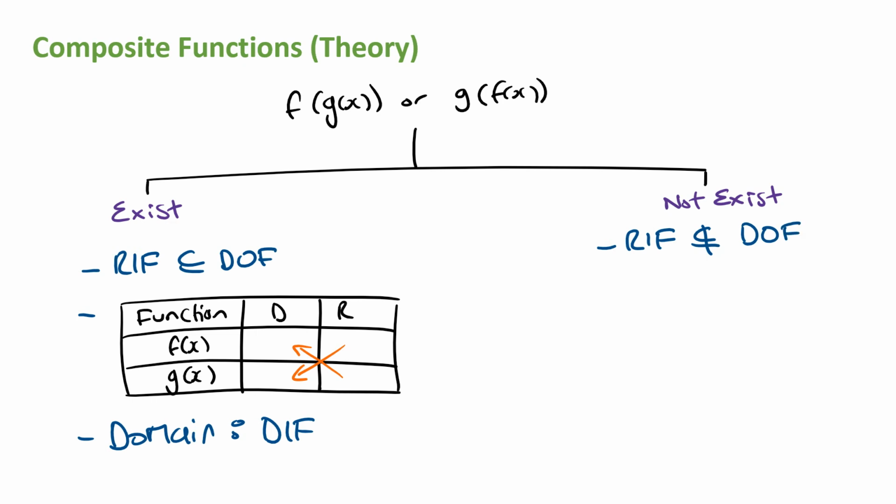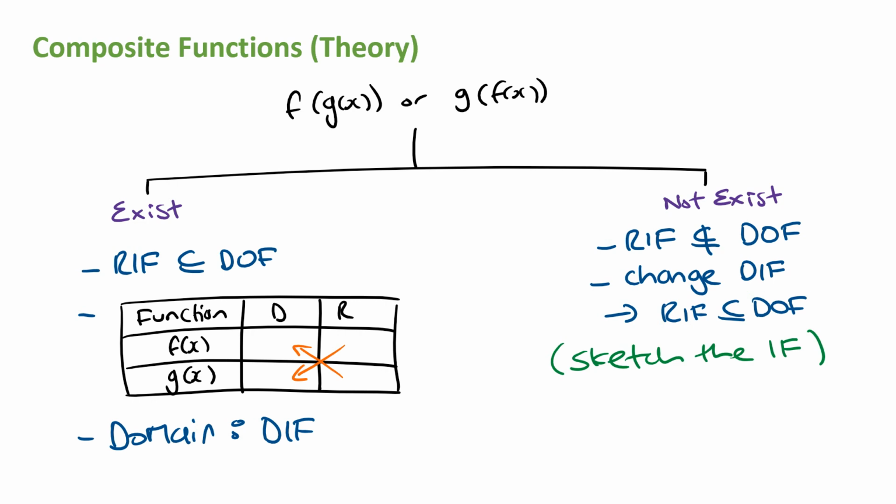To make a composite function exist, in other words, make it defined, what you need to do is change the domain of the inner function such that the range of the inner function with its new domain equals or is a subset of the domain of the outer function. To do this, you'd need to sketch the graph of the inner function and then, looking at its graph, restrict the domain so its range is equal to or a subset of the domain of the outer function.